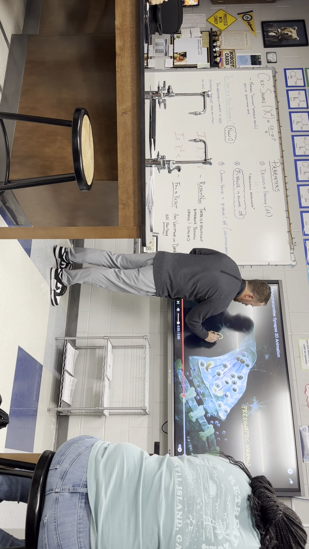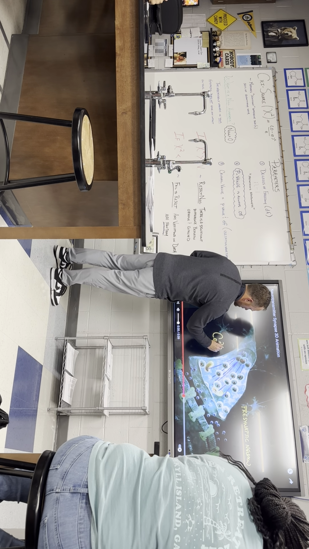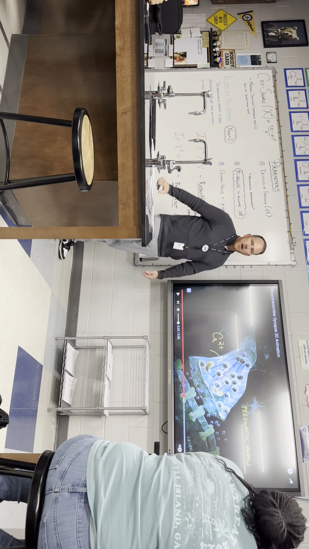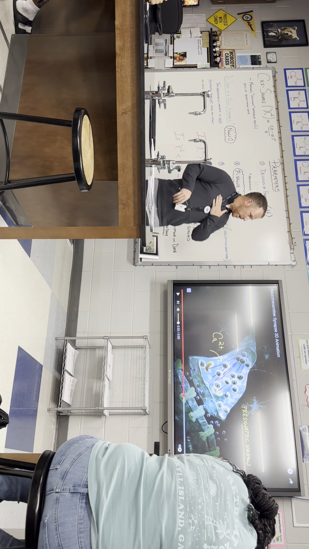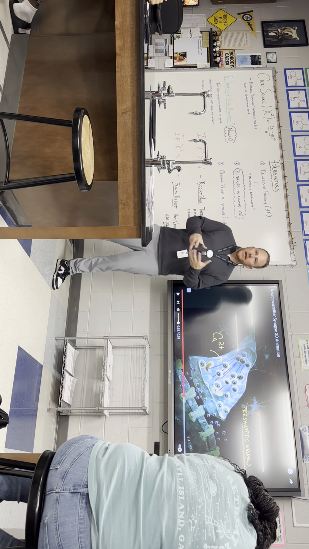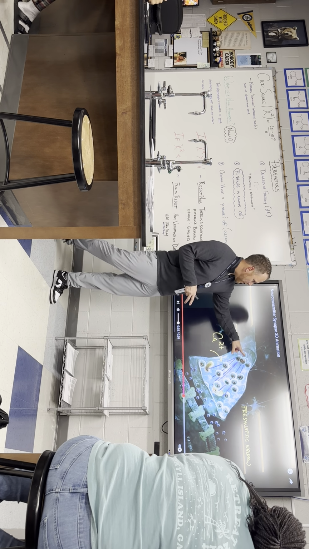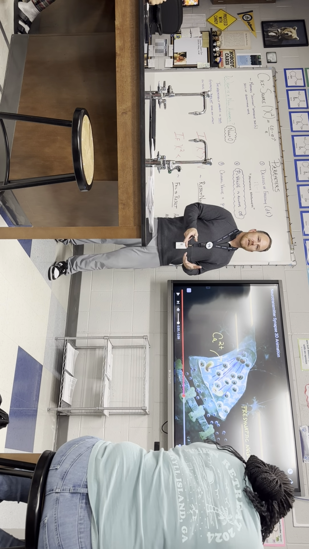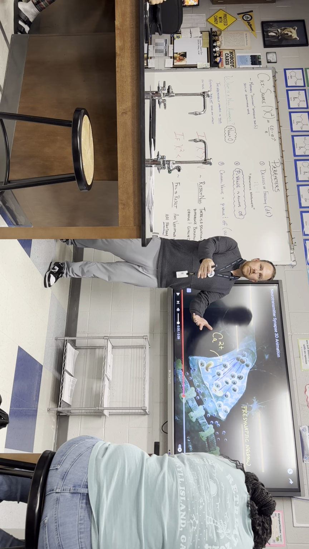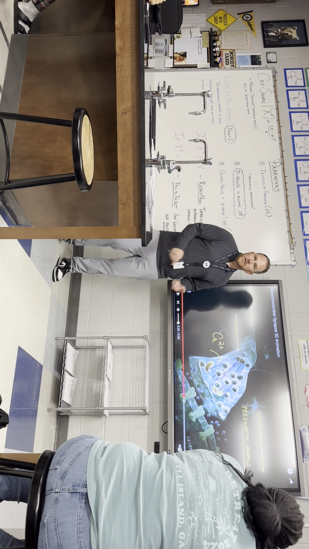Well, this is where I introduce to you our next secondary messenger known as calcium. Calcium is absolutely vital to this, because if all of these vesicles in here are housing neurotransmitters, the question has to be, how do they get out? And that's where the calcium comes in.